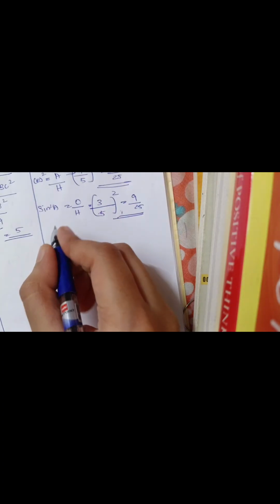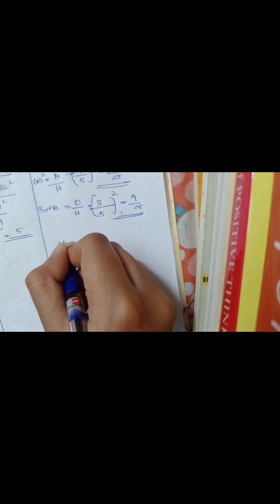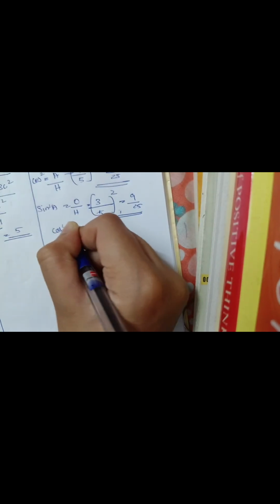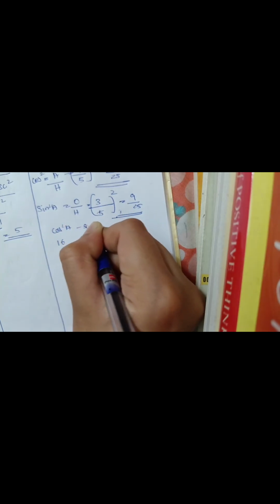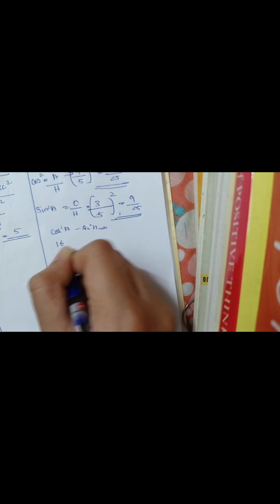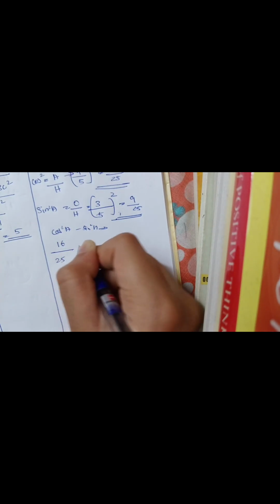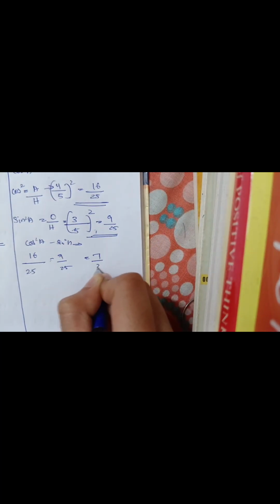This is cos square A and this is sin square A. So we are going to simply substitute these values into cos square A minus sin square A. So cos square A minus sin square A gives 16 by 25 minus 9 by 25. We have the denominator same. So 16 minus 9 is equal to 7 by 25.